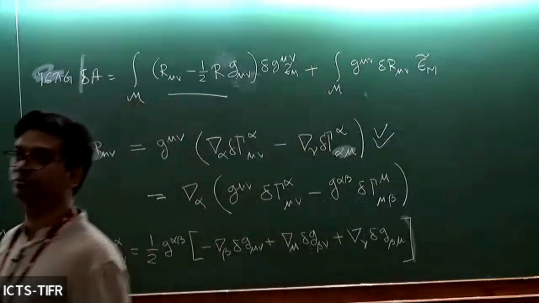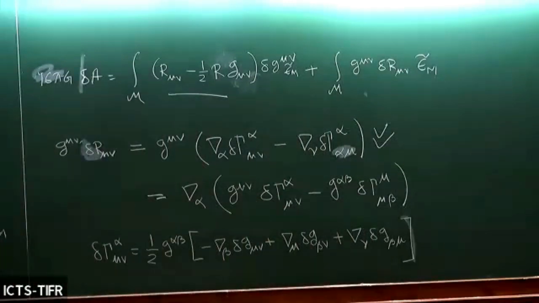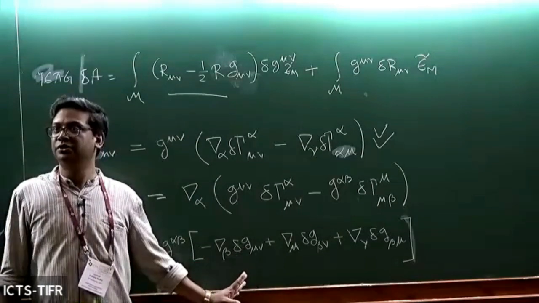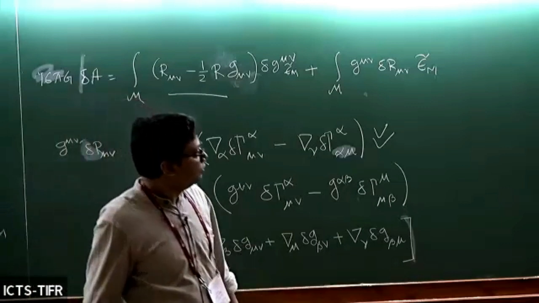Okay. Again, the covariant derivative is important. Note the covariant derivative is acting on the variation of the metric, not on the metric. Otherwise, you would have 0. Okay, clear? I will not go there.